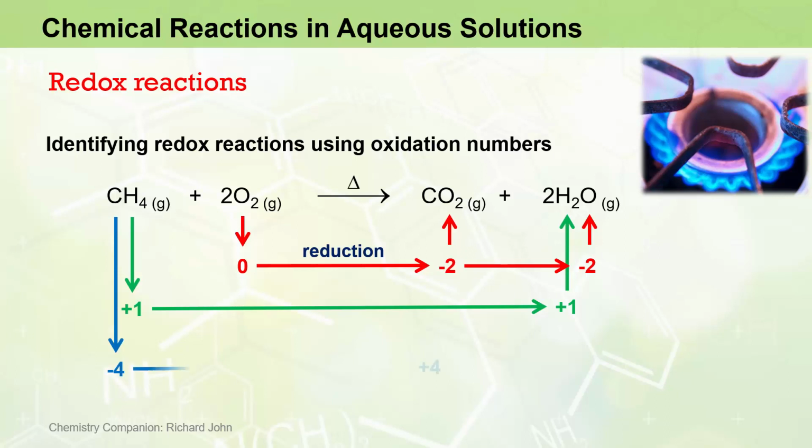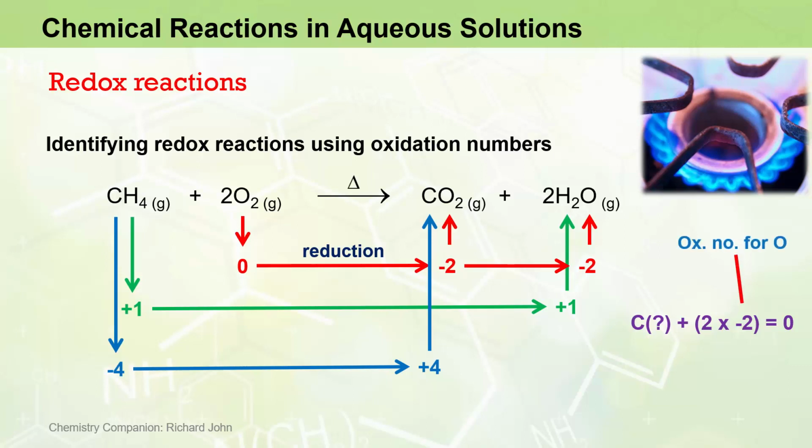Lastly, carbon is involved in the compound carbon dioxide on the right-hand side, leading us to assign it an oxidation number of +4, which we calculate according to Rule 6 by understanding that the unknown oxidation number of carbon in carbon dioxide plus 2 times the oxidation number for oxygen, which is -2, has to equal 0. The oxidation number for carbon in CO2 is therefore +4.